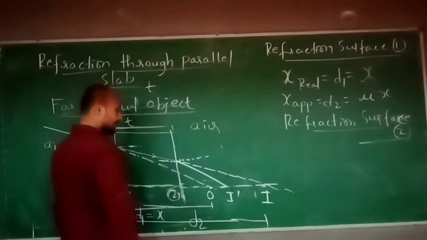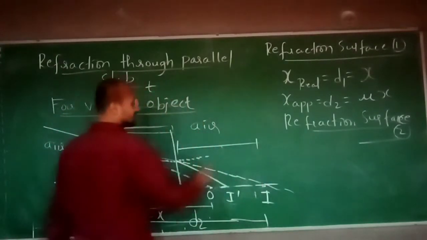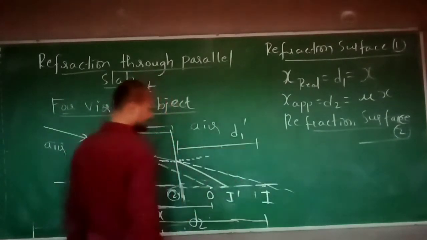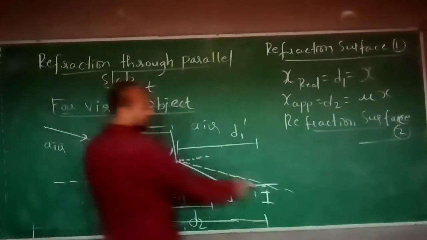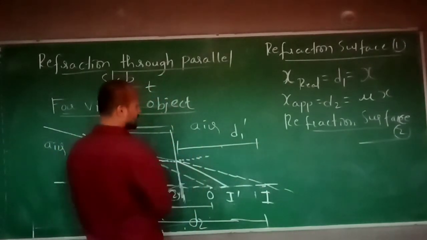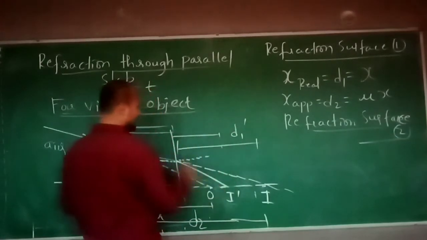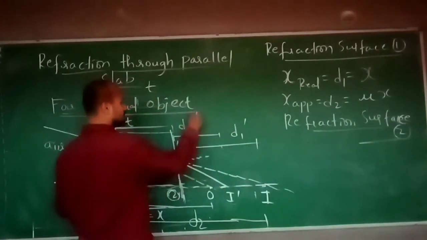So if I consider this as d1 dash, what is d1 dash? It is the distance from I to the first surface, and let me consider the distance of I dash from the second surface as d2 dash.